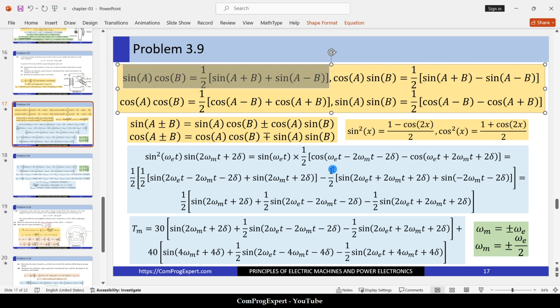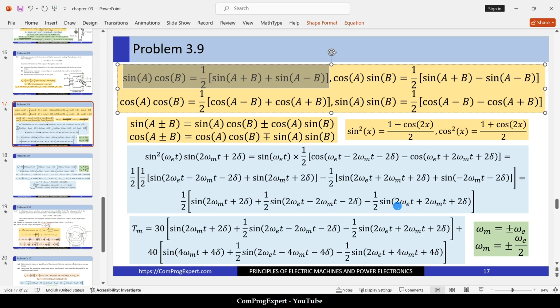Okay, finally if you simplify this expression, we will have 1 divided by 2 times sine of 2 times omega mt plus 2 delta plus these two expressions.